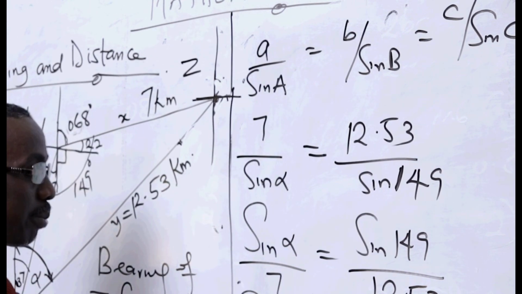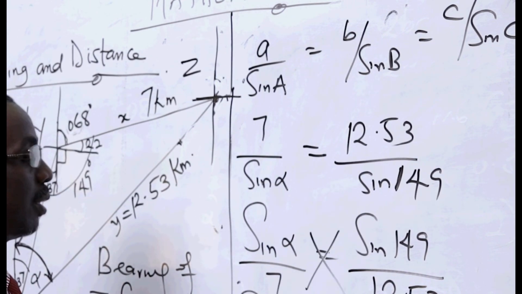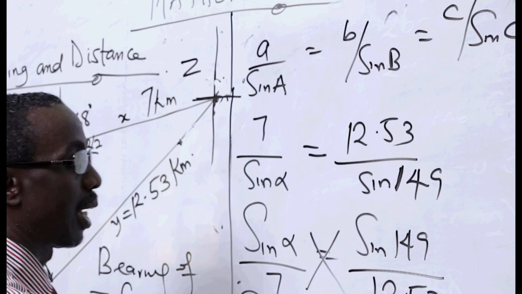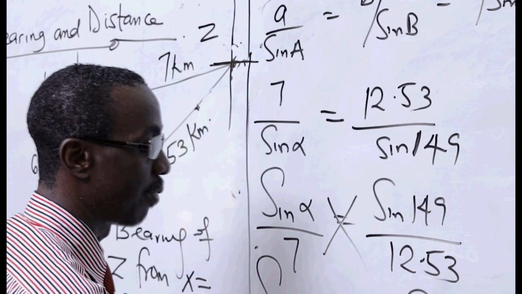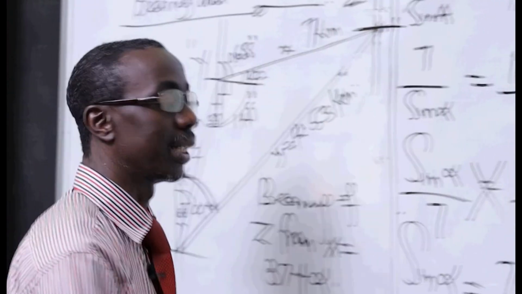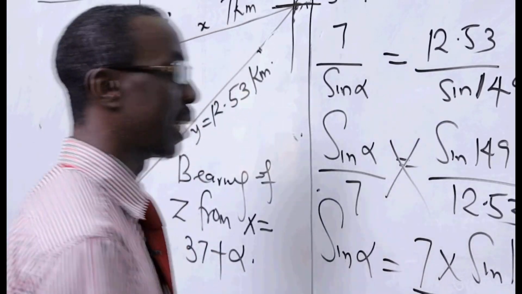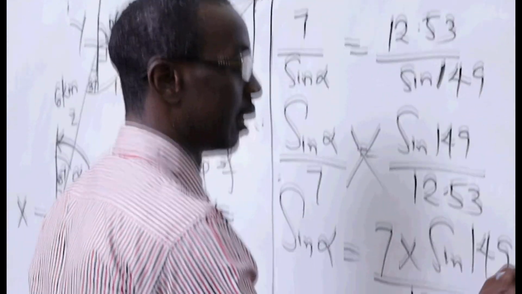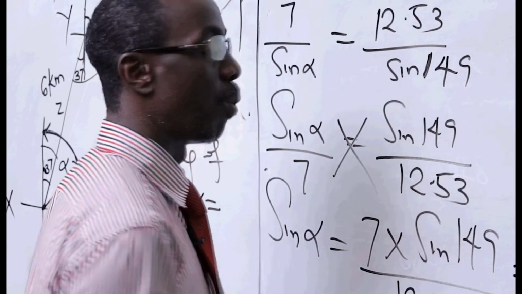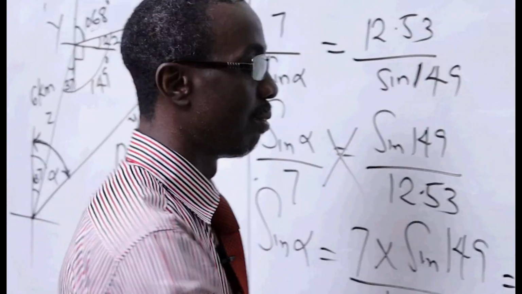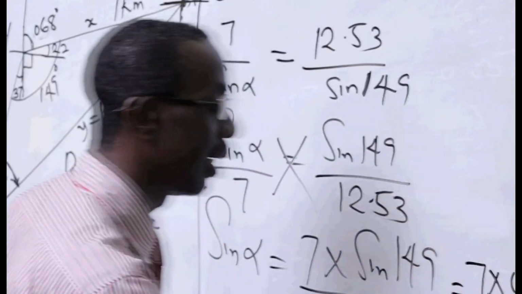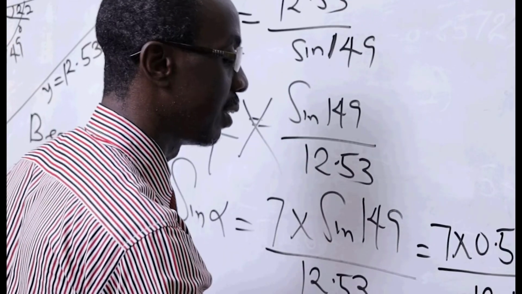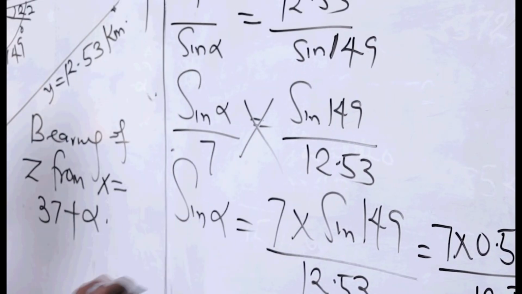Making sine alpha the subject of the formula, you have 7 times sine 149 over 12.53. Are we still on the same page? Yes, sir. Okay, what is sine 149? 0.5150. Okay, over 12.53. That will give you what?